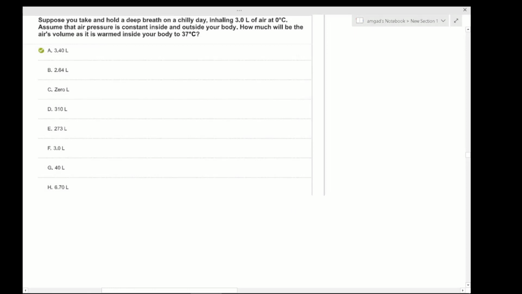Suppose that you take and hold a deep breath on a chilly day. So it's cold. Inhaling 3 liters of air, so the volume that you inhale in your lung is 3 liters. The temperature of that day was 0 degrees Celsius. Assume that the air pressure is constant inside and outside your lung or your body. How much will be the volume of the air as it warms inside your body to 37?